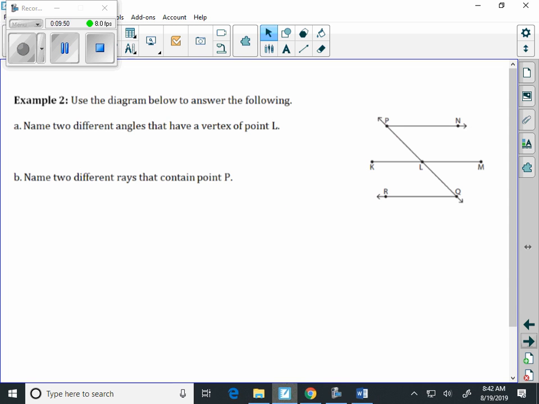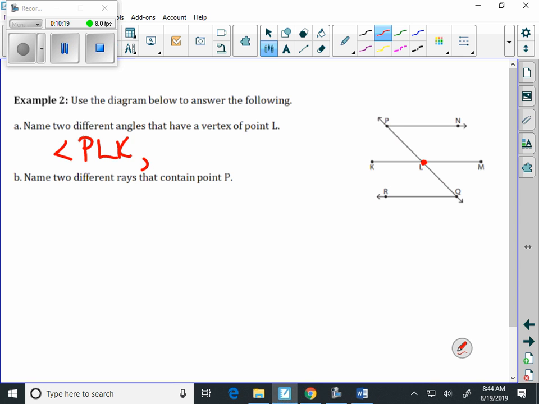Back to geometry. Use the diagram below or beside here to answer the following. Name 2 different angles that have a vertex of point L. So specifically here we're looking at this, and P, L, K. Another possibility, Q, L, M. And remember, those aren't the only two options.